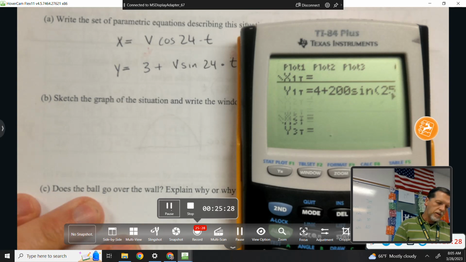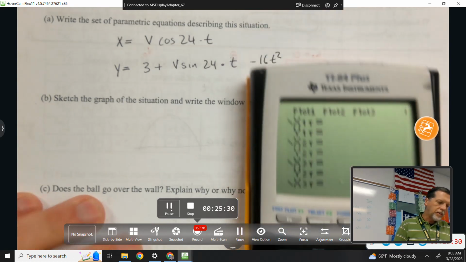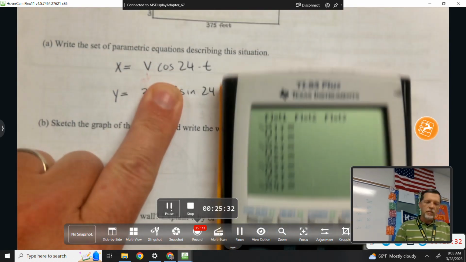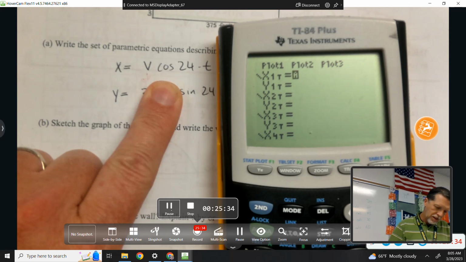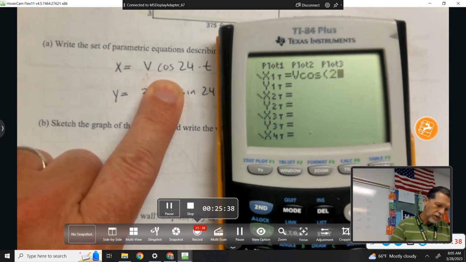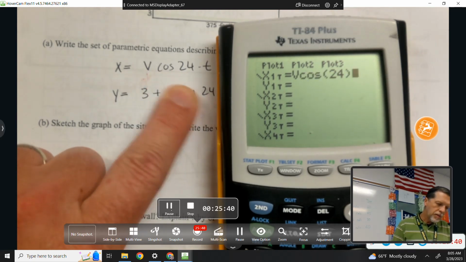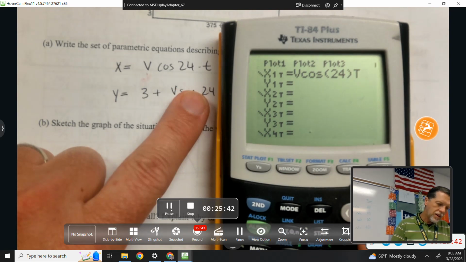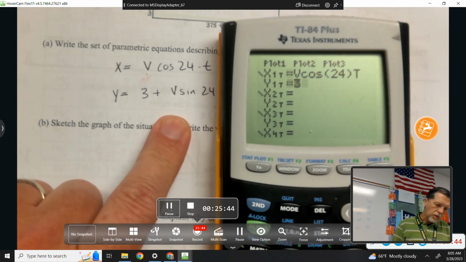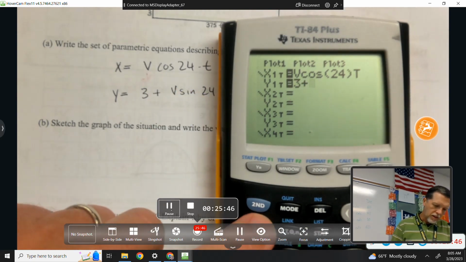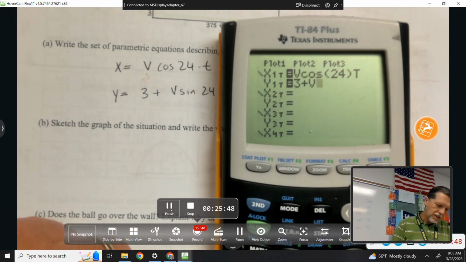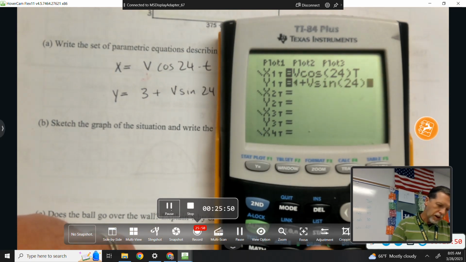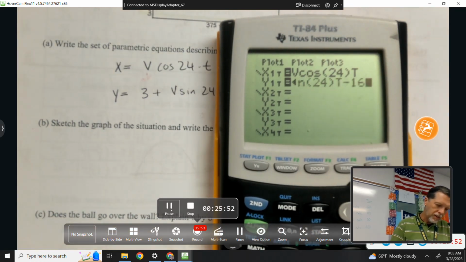So we go to y equals, and now I don't have to type in the weird number for V, I can just type in V. Cosine 24 times time, and 3 plus V sine 24 times time minus 16 t squared.